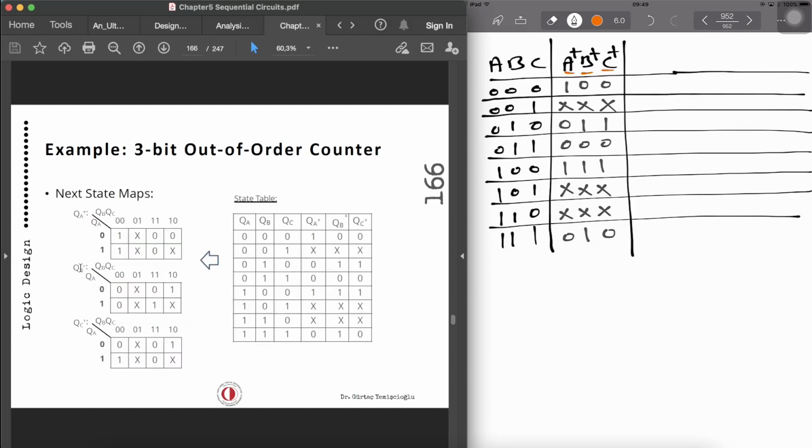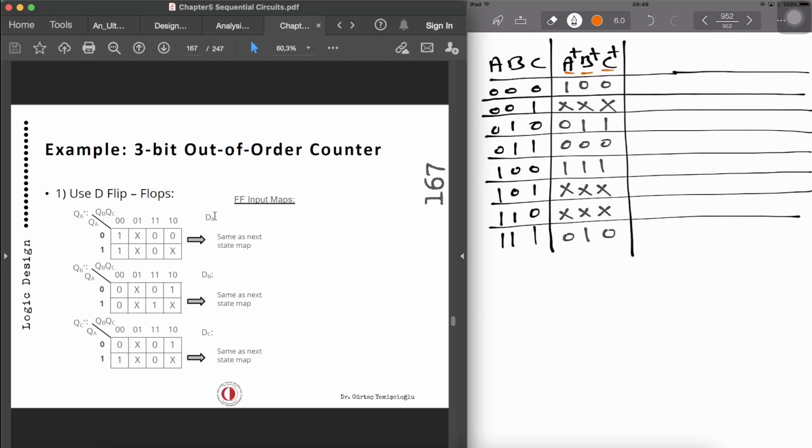So for each of the next states A, B, and C, as you can see, the K-maps can be extracted from the state table, which will give us the flip-flop inputs for the D-type flip-flop. As the output follows the input, that means DA is going to be whatever QA is. So we can cover those 4 over there.